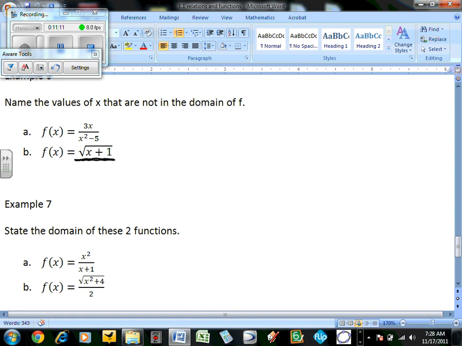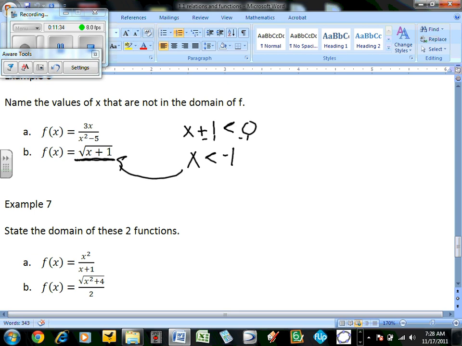So, basically we're saying that x plus 1 cannot be less than 0. So x, if we subtract 1, cannot be less than negative 1. So any value that's less than negative 1 is going to make that expression negative.